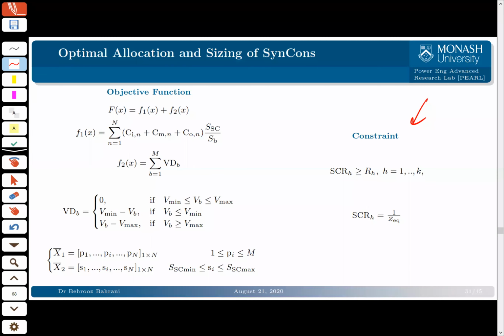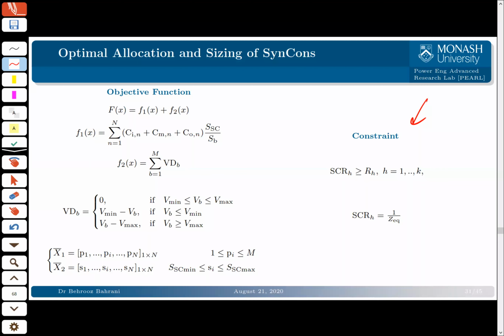You want to maximize the SCR in your system. So the minimum SCR in the system should be more than a given value. So in a nutshell, you want to put these synchronous condensers in different parts of your network, and you would hope that you minimize the cost and maximize the SCR in different nodes in your network.